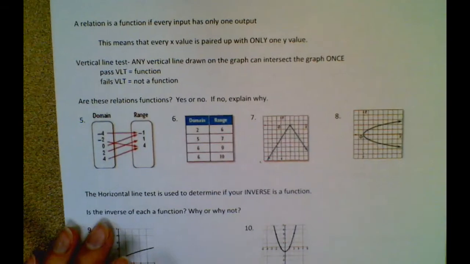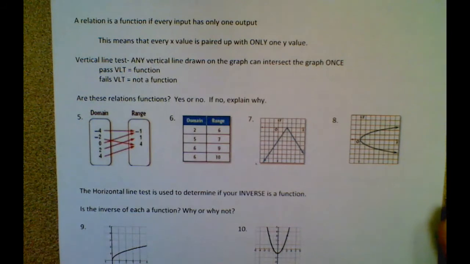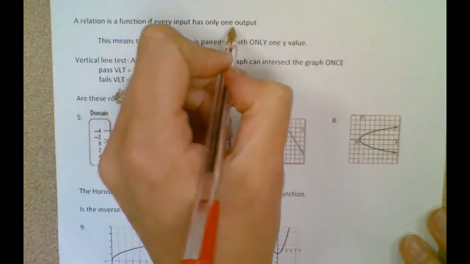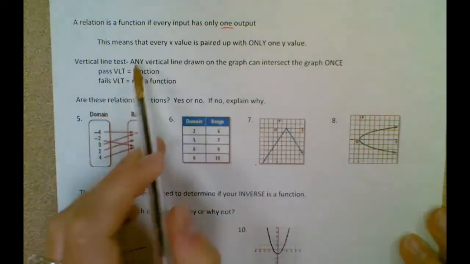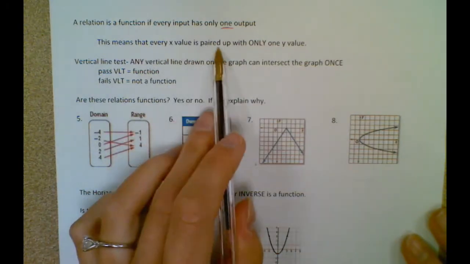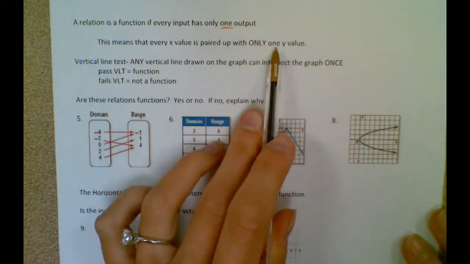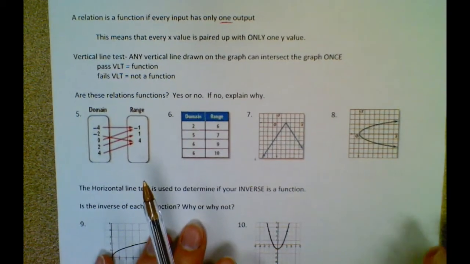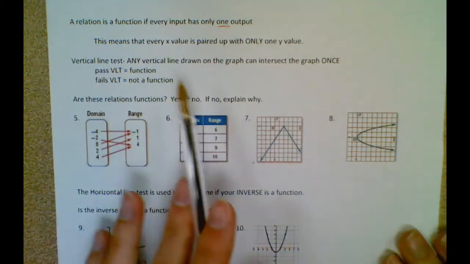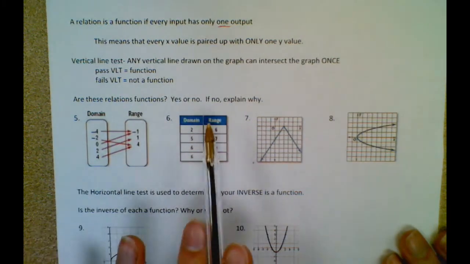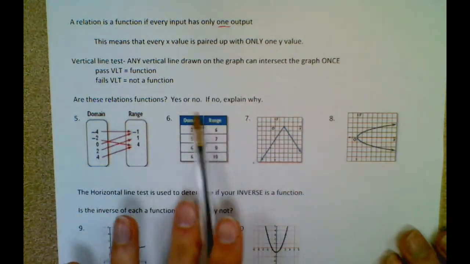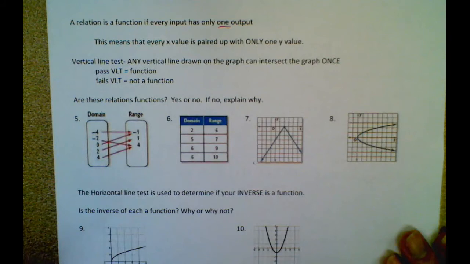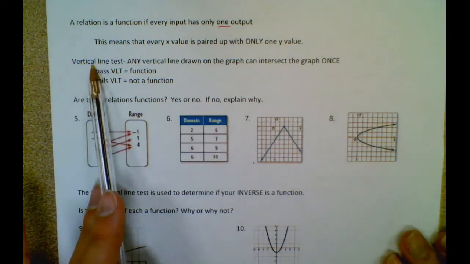All right, a relation is a function if every input has only one output, okay? This means that every x value is paired up with only one y value, all right? Another way to tell if a table, set, or a graph is a function is the vertical line test.